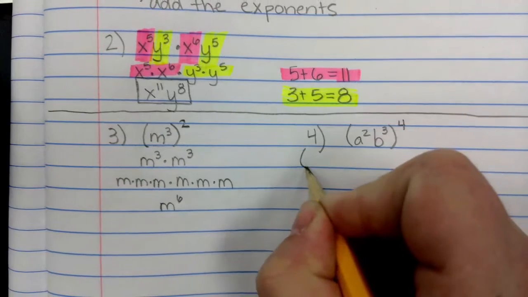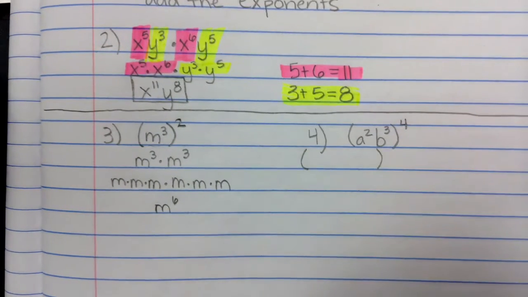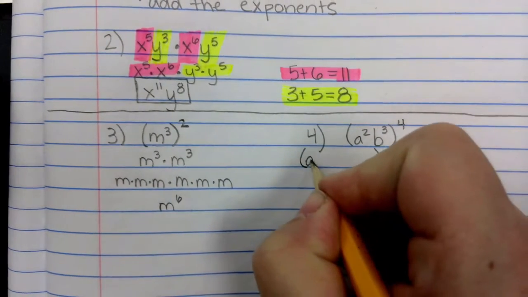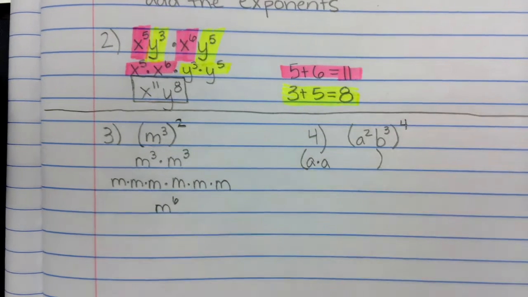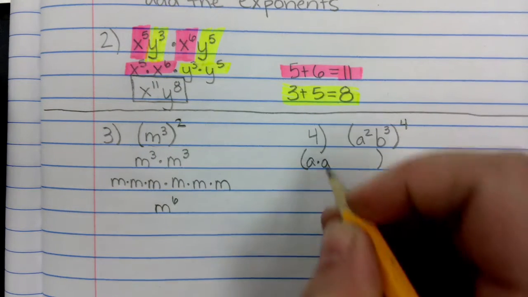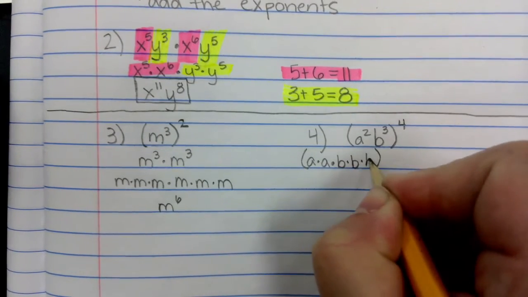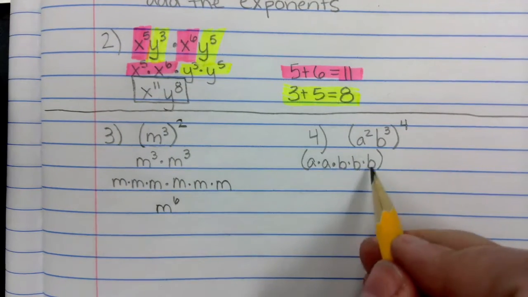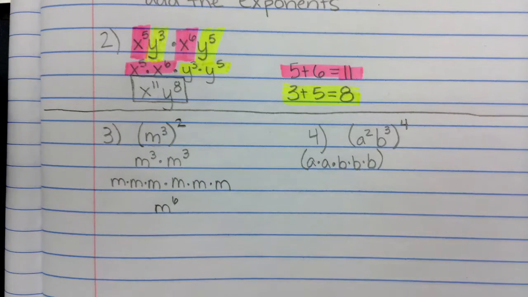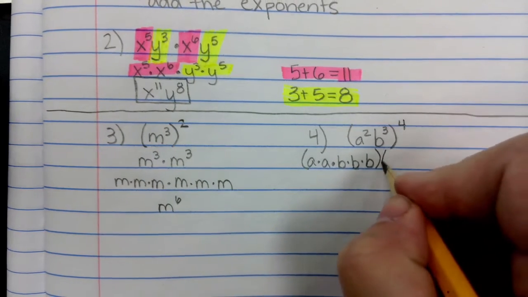So let's think, how many a's are there? 2. So let's do a times a. How many b's? 3. 1, 2, 3. But we're going to repeat that how many times? 4 times. So I'm going to do it again.